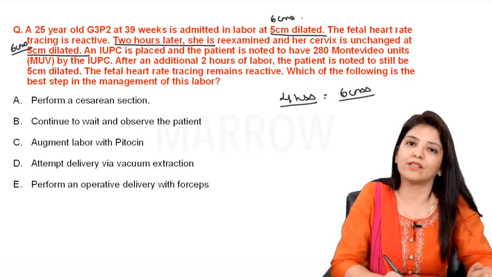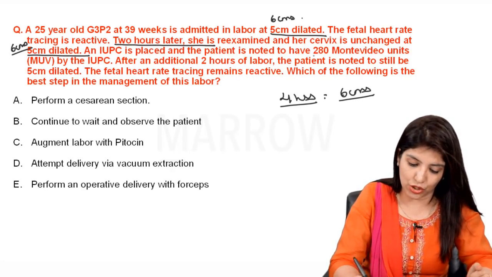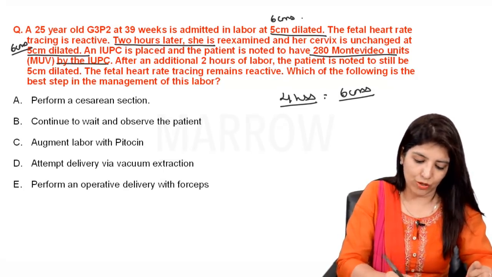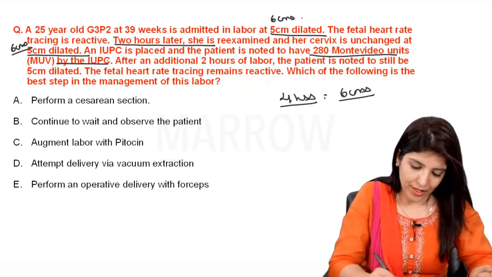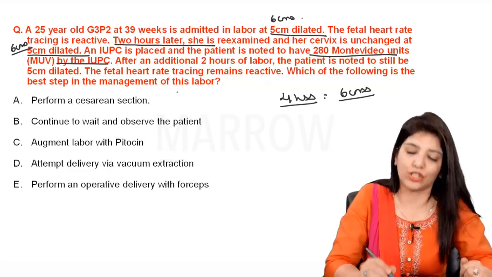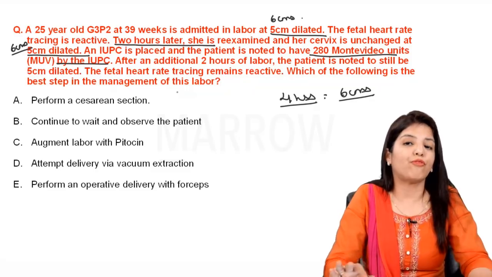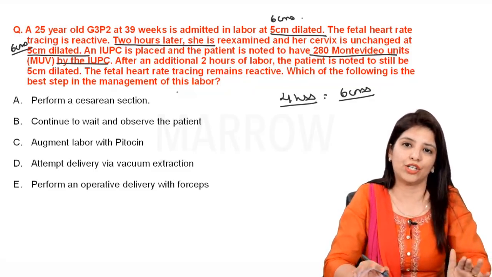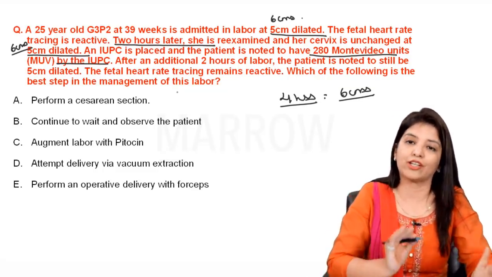An IUPC, that is intrauterine pressure catheter, is placed and the patient is noted to have 280 Montevideo units by IUPC. That means the contractions are adequate. After an additional 2 hours have passed, the patient is still noted to be at the same dilatation. So already 4 hours have passed and the patient is at the same dilatation in spite of good uterine contractions.